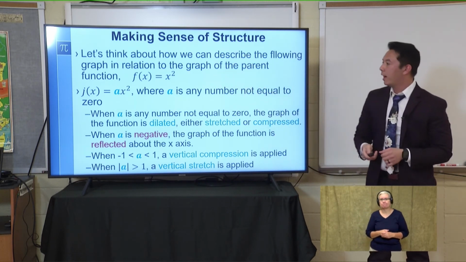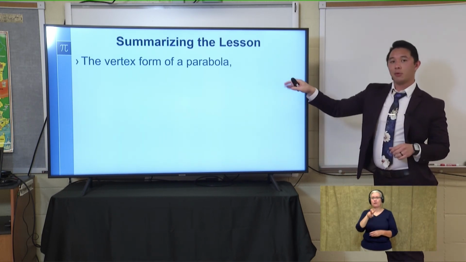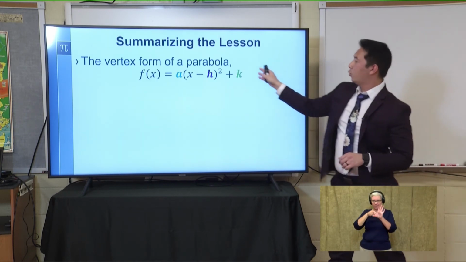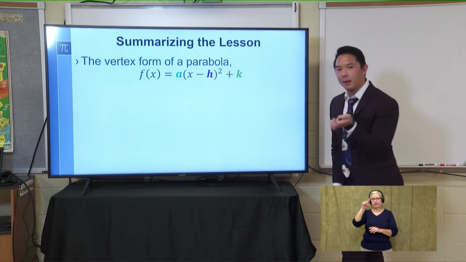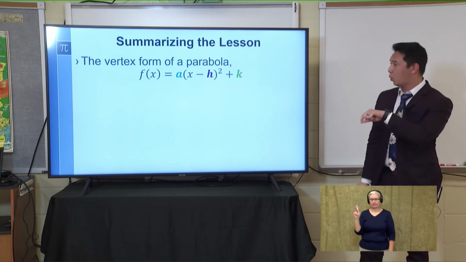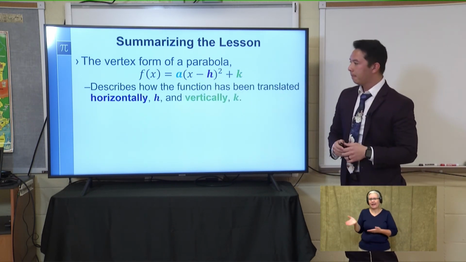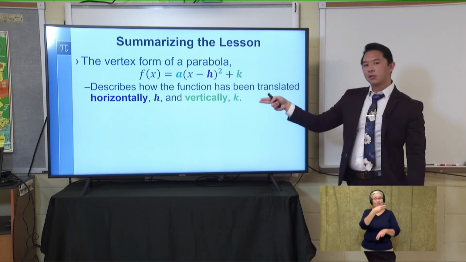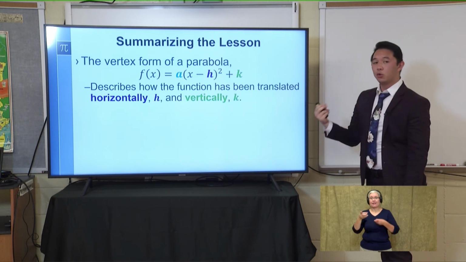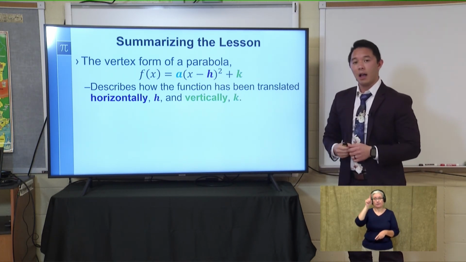All right, so let's summarize some of the things that we talked about. Now, the vertex form of a parabola as an equation is represented as this function. f of x is equal to a times the quantity x minus h squared plus k. And that's something I introduced last week. So when we're looking at the values of h and k, that's going to describe how that function has been translated horizontally, left or right, and then vertically, up or down.